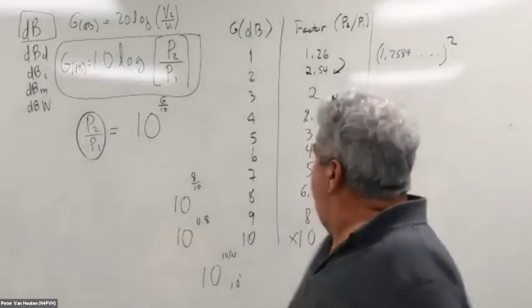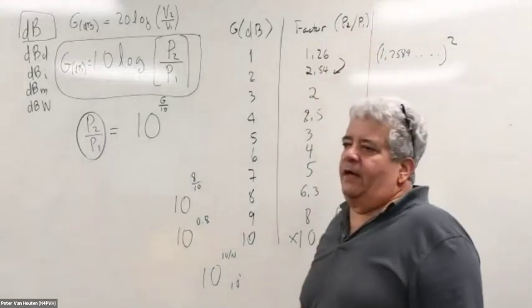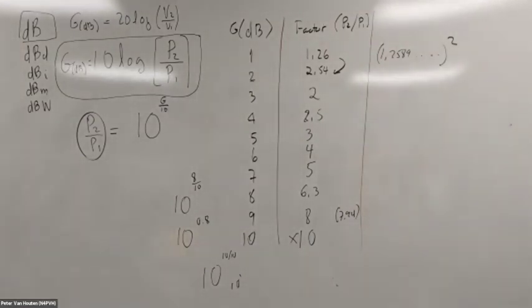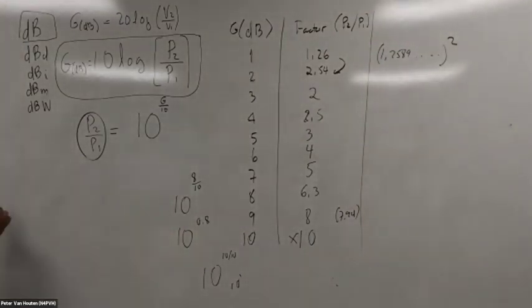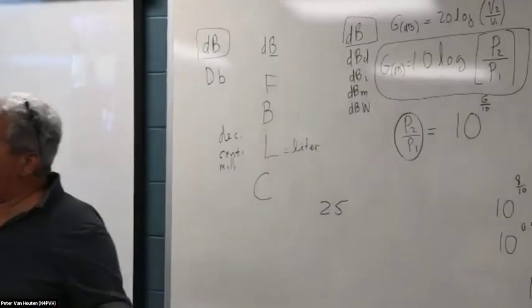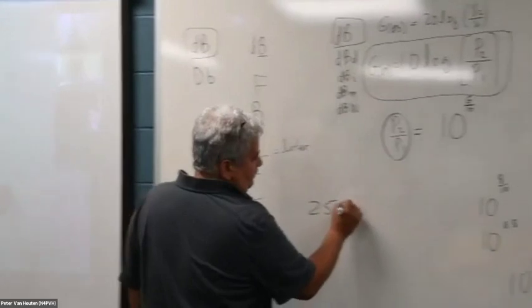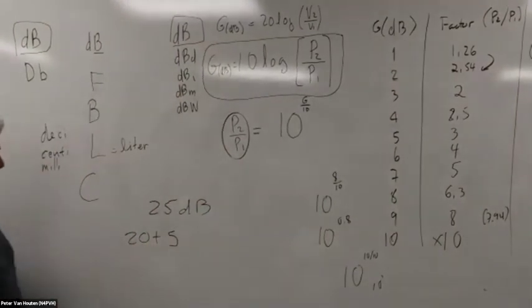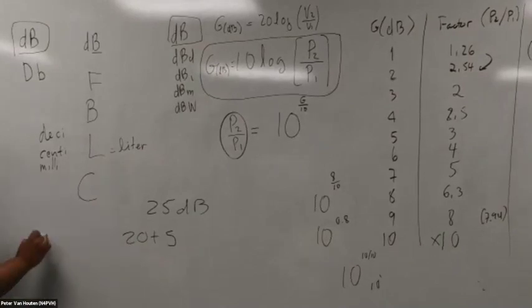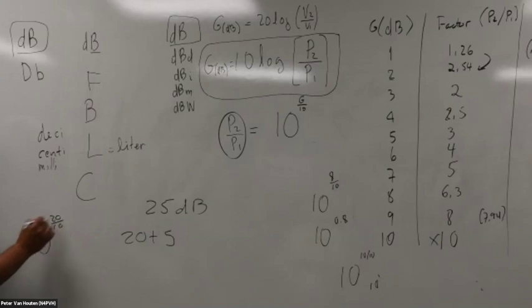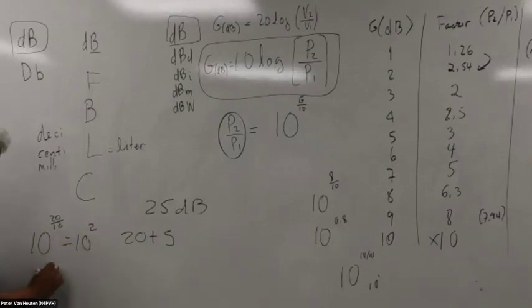If you know this, you can calculate the power factor of any other value of dBs. For example, let's say that I have an antenna that has a gain of 25 dBs. So this is 20 plus 5. 20 is a power factor of 10 to the power of 20 divided by 10, in other words, 10 squared, which is 100.